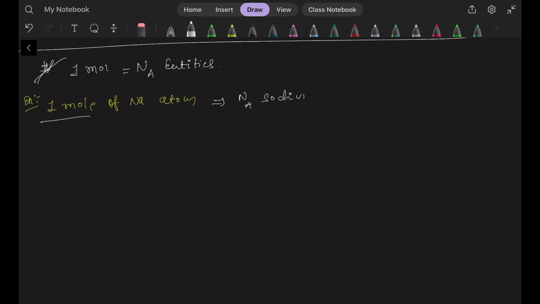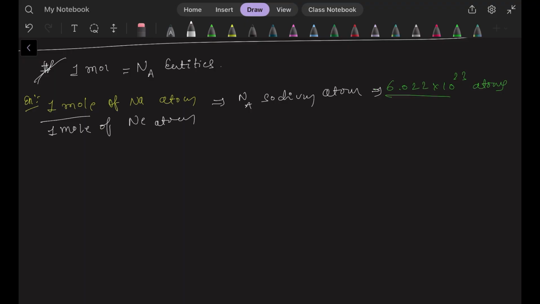Here I can mention Na sodium atoms. So Na sodium atoms is nothing but 6.022 into 10 to the power 23 atoms are present. Instead of sodium, if I use neon, it also contains 6.02 into 10 to the power 23 atoms in 1 mole of neon atoms.